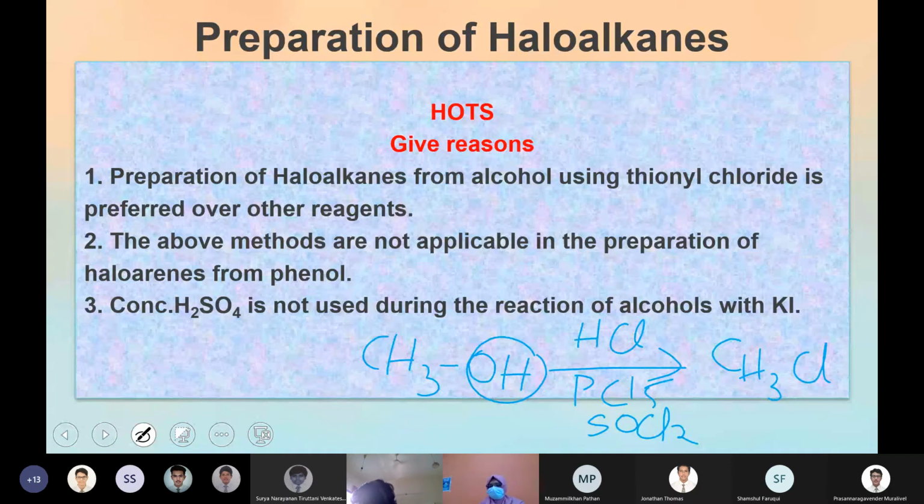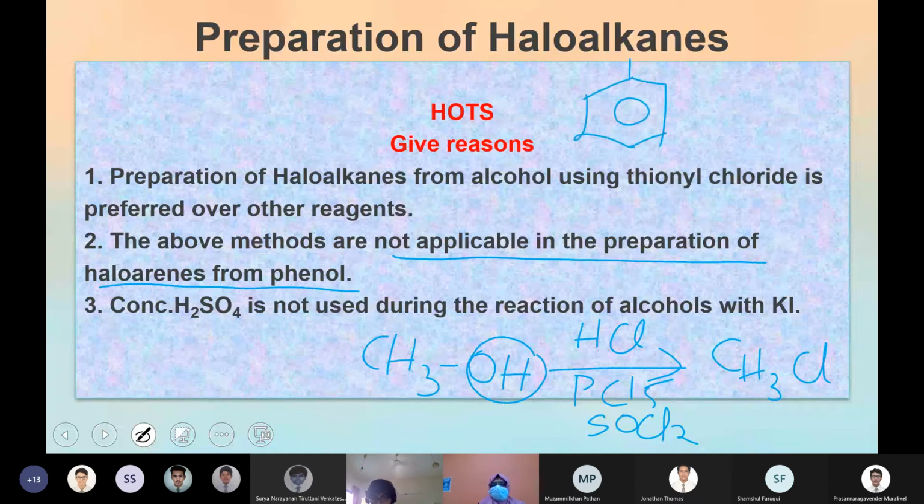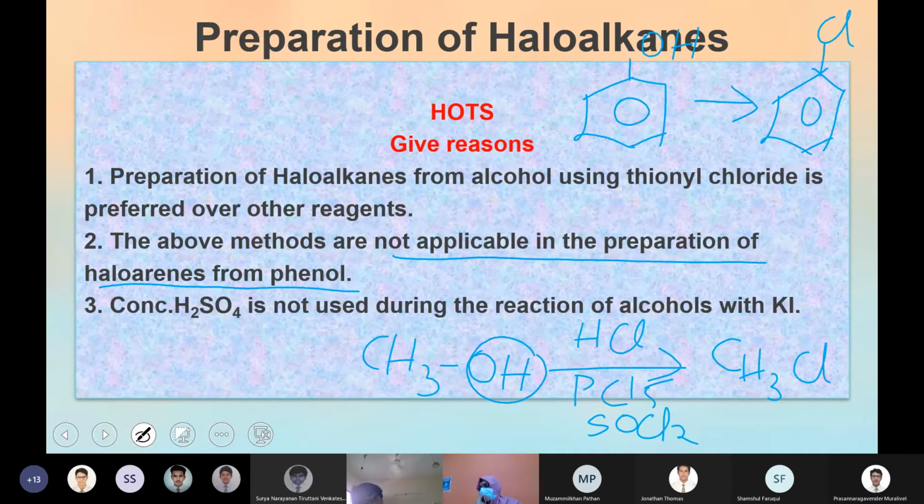So the second question is, this type of method is not applicable in the preparation of haloarenes from phenol. That means if you have phenol, that is a benzene ring with an OH group, and you need to convert the OH group to chlorine, then you cannot use HX or PCl5 or SOCl2. This method is not possible for haloarenes.